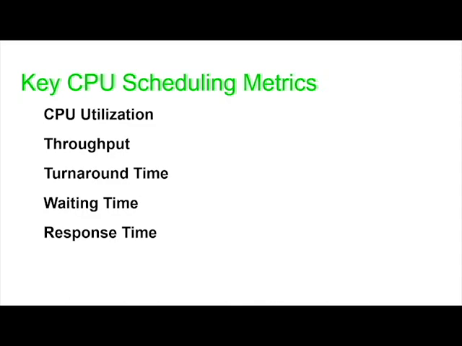Waiting time is the time spent in the ready queue. Response time is the time from request to first response. Different systems prioritize different metrics. Real-time systems prioritize response time, and batch systems prioritize throughput.